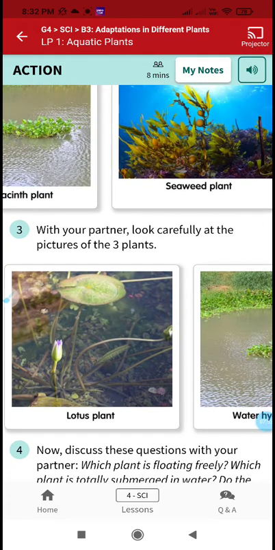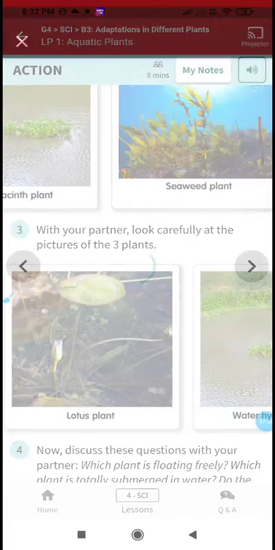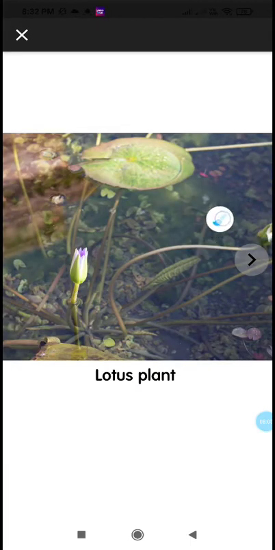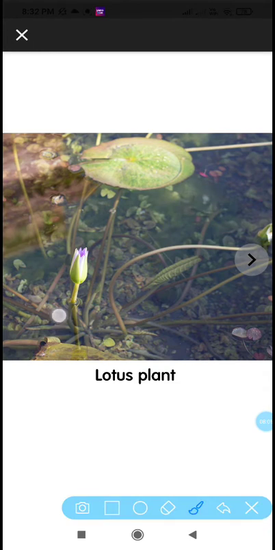Okay, so here I told you that in this plant, only the leaves and the flower parts are visible clearly. The roots are not visible very clearly because they are fixed inside the soil.